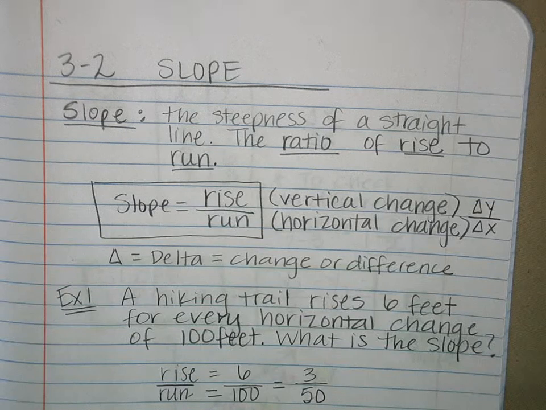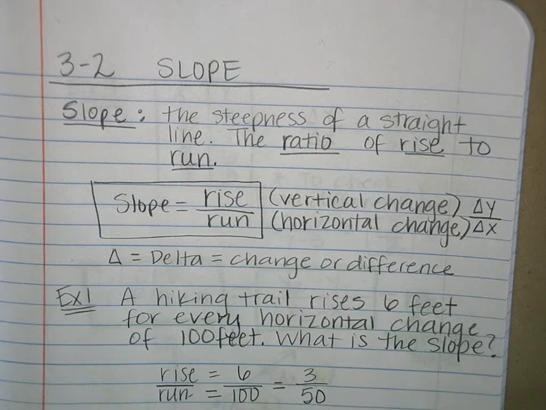Now, we don't normally put these in decimals, unless we're dealing with money or something like that, because this rate is much easier to graph if we have points. We know it's changing 3 vertically for every 50 horizontally, and 3 would be our y, and 50 would be our x. So if we change it into a decimal, then we don't have our x and y anymore, do we?